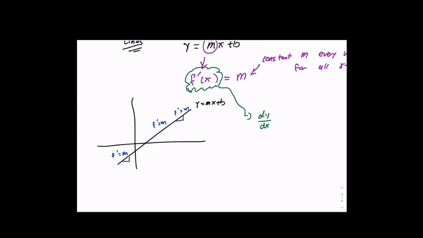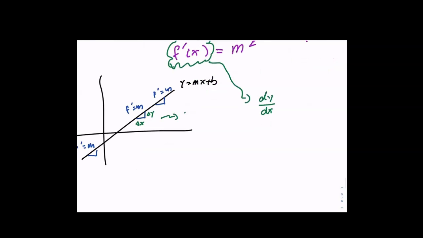When you did using slope triangles, you did delta x, delta y, and therefore the slope was equal to delta y over delta x.